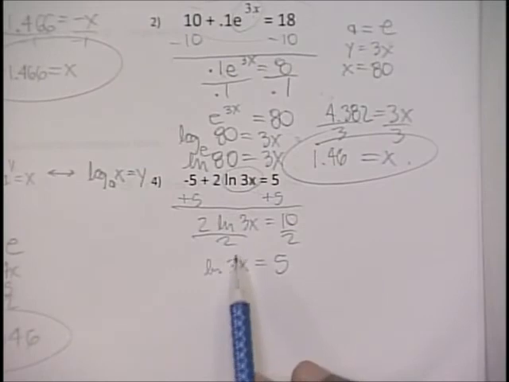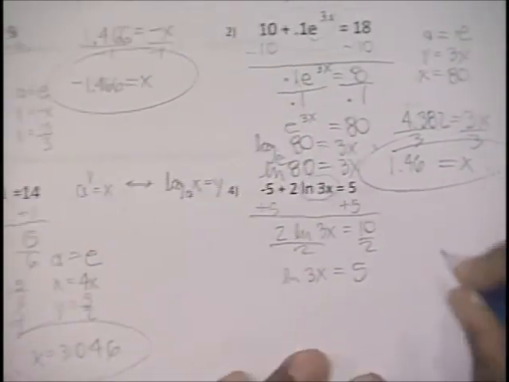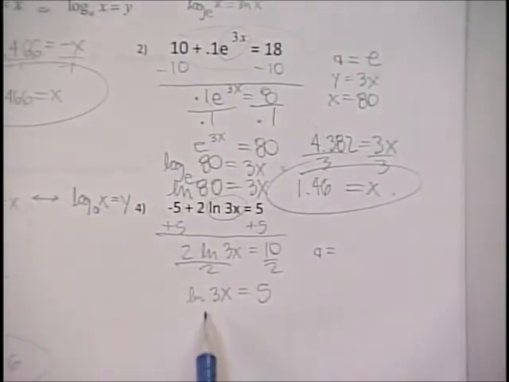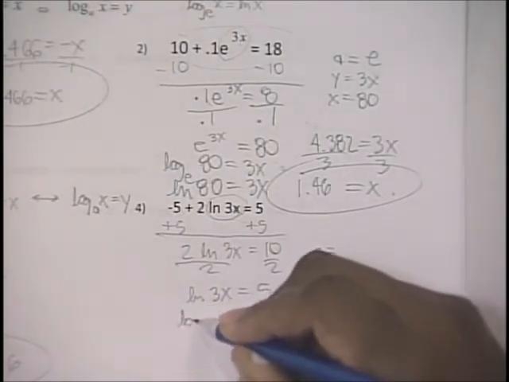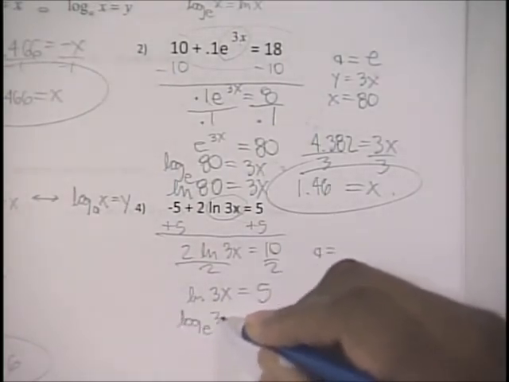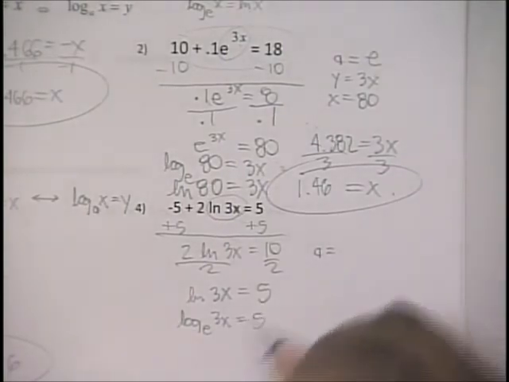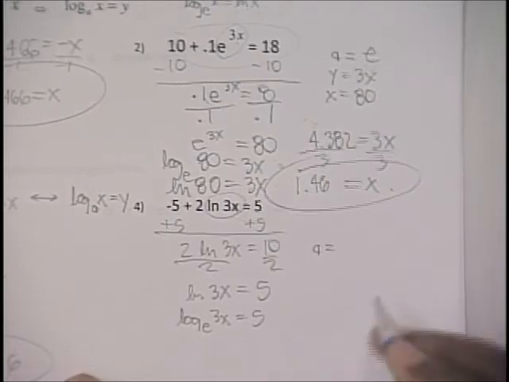The only way to solve this logarithmic equation is to rewrite this as an exponent. For our problem, again, another way of writing this is log base e of 3x. The natural log is the same thing as log base e. Whenever you have a natural log, the assumed base is e.